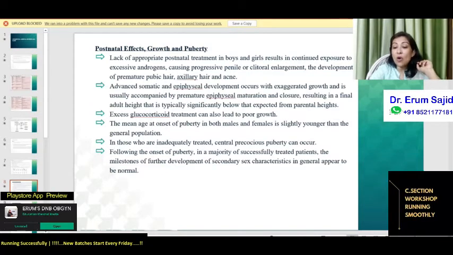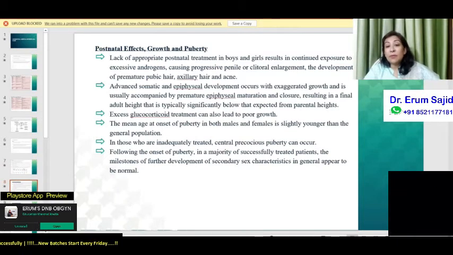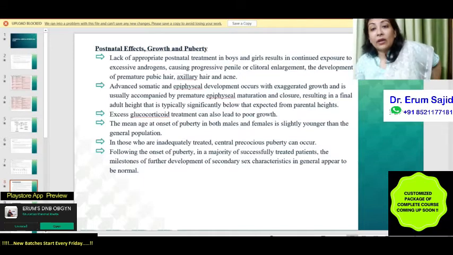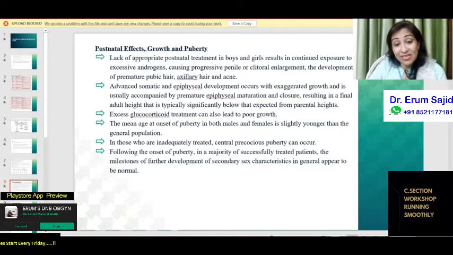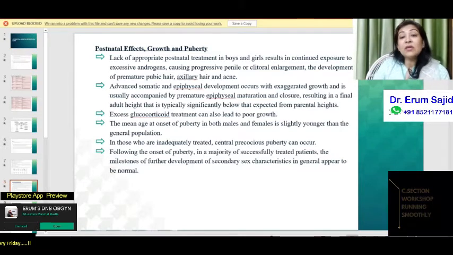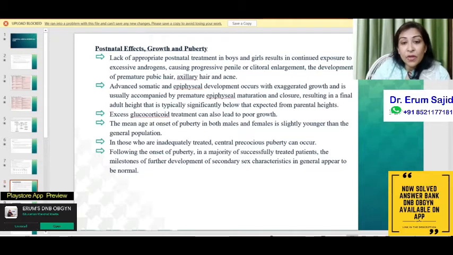So there is lack of appropriate postnatal treatment in boys and girls, resulting in continual exposure. So if at all you've not been able to recognize it, or you think it's something not so much to be talked about, or you do not raise alarm at the right time, then there is continued exposure to excessive androgens, causing progressive penile or clitoral enlargement and development of premature pubic hair, axillary hair, and acne.